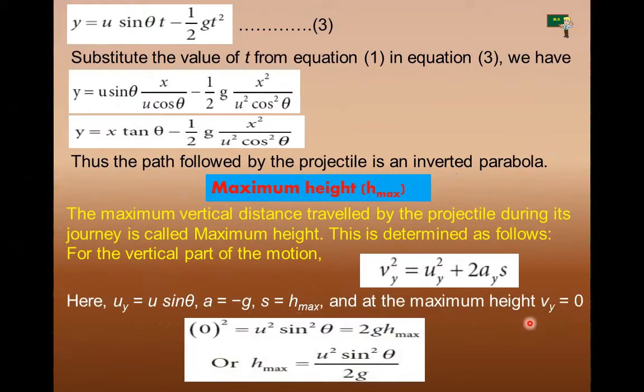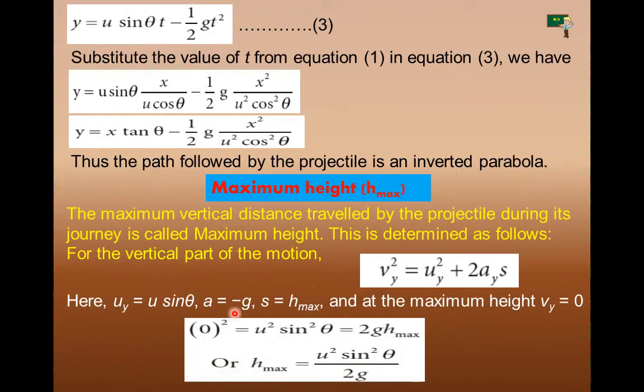Vy is equal to 0. Substituting these values, 0 square equals u square sin square theta minus 2 g h max.